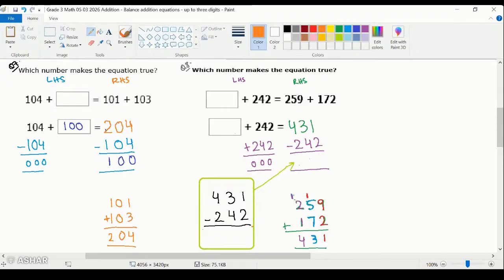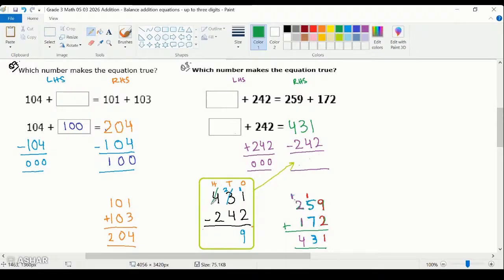We say we have 1 ones, 3 tens, and 4 hundreds minus 242. 1 minus 2 is not possible. We carry 1 from the tens. 3 becomes 2, gives 1 over here. 10 plus 1 is 11. 11 minus 2 is 9. 2 minus 4 is not possible.